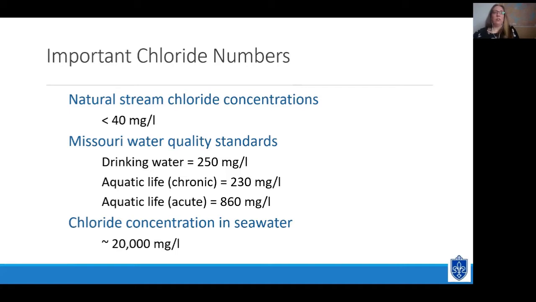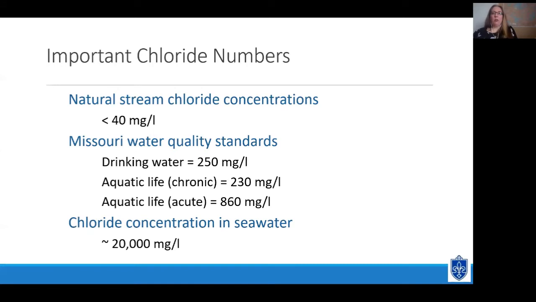In Missouri, there's a standard for drinking water, and that includes a limit for chloride of 250 milligrams per liter. This happens to be similar to the chronic aquatic life threshold, which is set at 230 milligrams per liter. And then there's an acute toxicity threshold of 860 milligrams per liter.